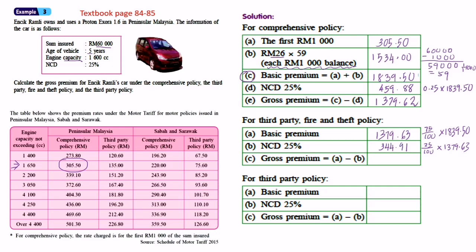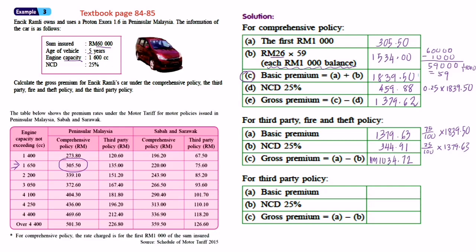Gross premium is basic premium minus the NCD 25%. So equals 1,034 ringgit 72 cents.